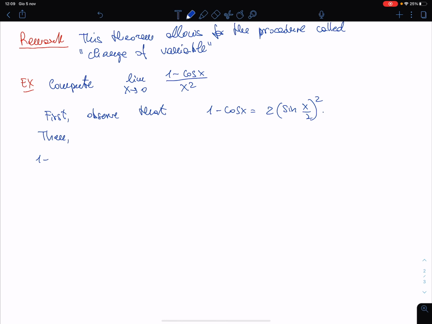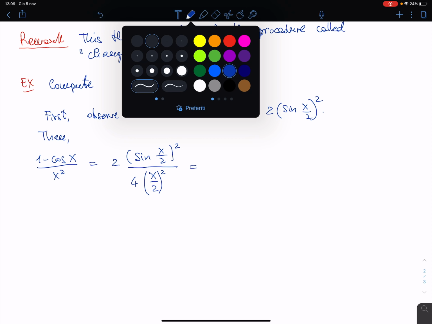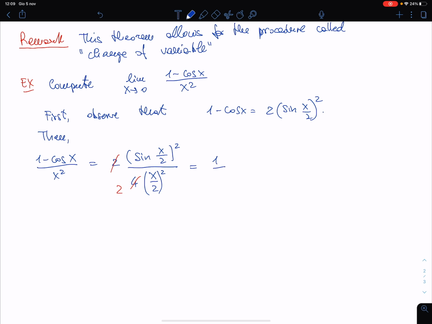It is 1 minus cosine of x divided by x squared, equal to 2 sine squared of x over 2, and here we have x squared, but let me divide by 2. So here we added a denominator 4, and let us compensate for it. So 2 over 4 is just 1/2.